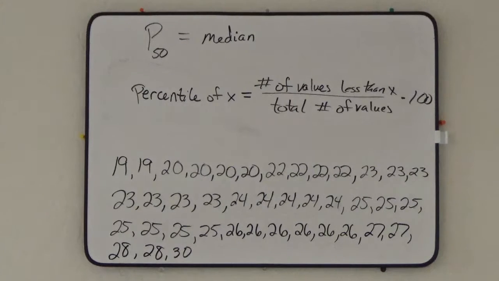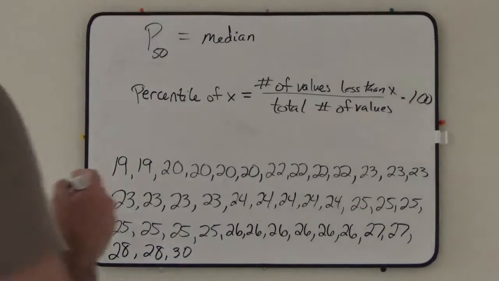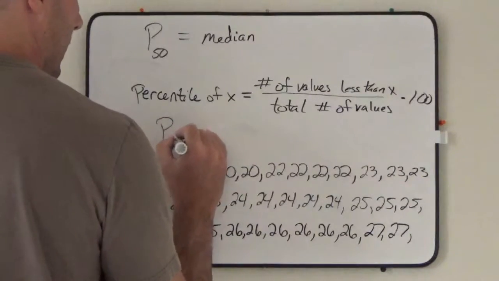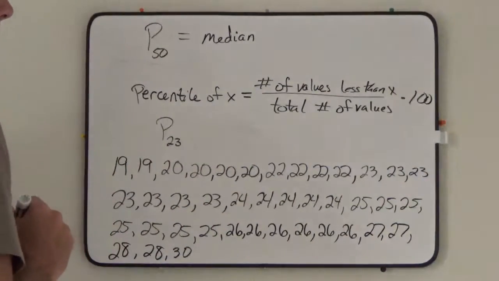Now, here's where all these numbers down here at the bottom of this board are going to come into play, okay? These are the number of chocolate chips counted. We're stuck on this chocolate chip idea. I guess it's an easy analogy. So we want to find the percentile of 23. I'm just going to write it P23 like that.